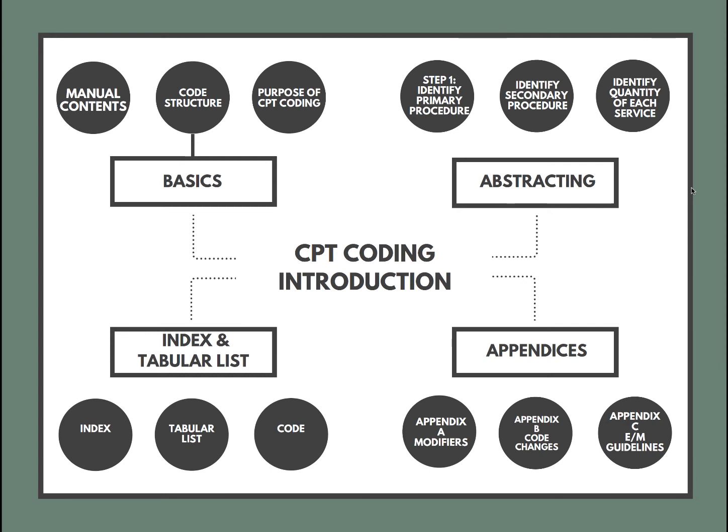Step 1 of abstracting is to identify the primary service or procedure. First, you're going to look for the chief complaint or the reason for the visit, which usually provides an indication of the services that may have been provided during that visit. You want to identify the primary procedure or the main service provided during the encounter.